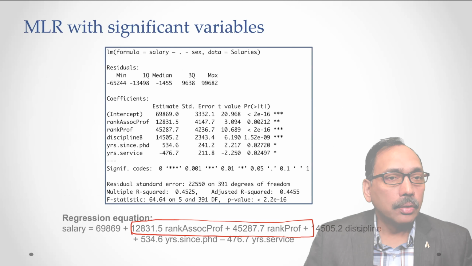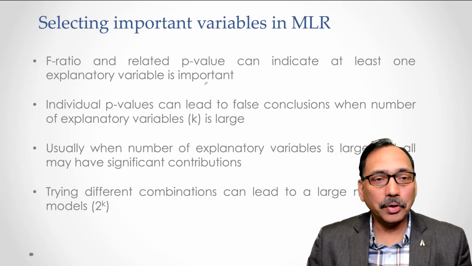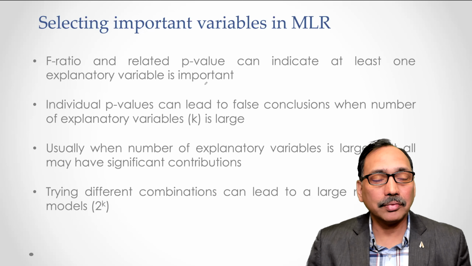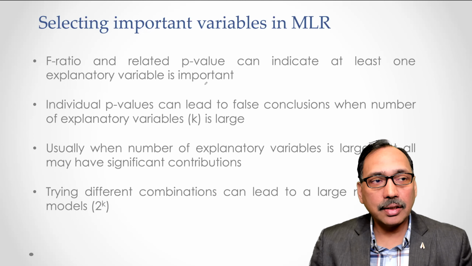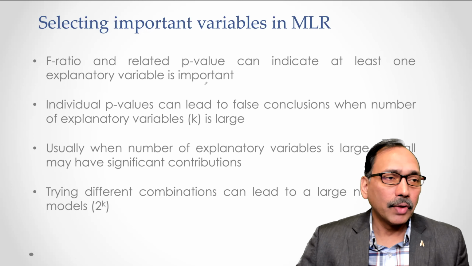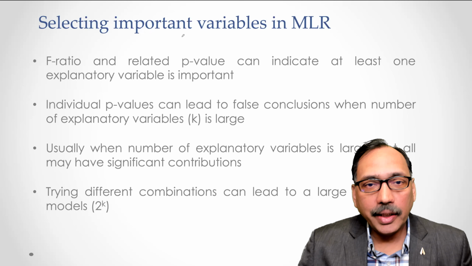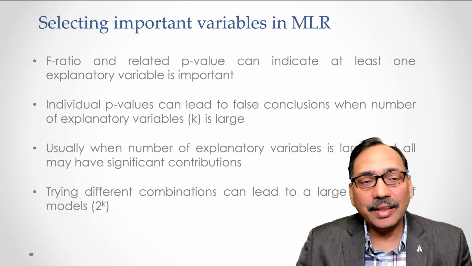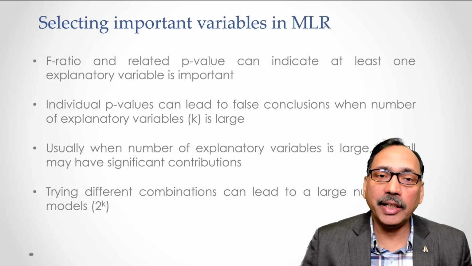So I showed you different ways you can modify your variables. You can include polynomials, you can include interactions. There are so many different things you could do. And not only that, selecting important variables in multiple linear regression itself is a big task, especially when there are many independent variables.